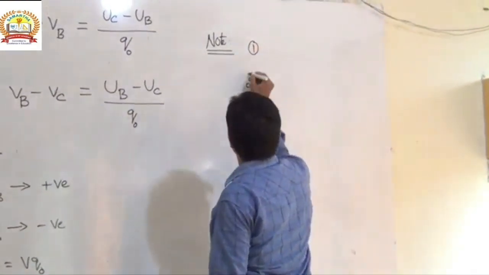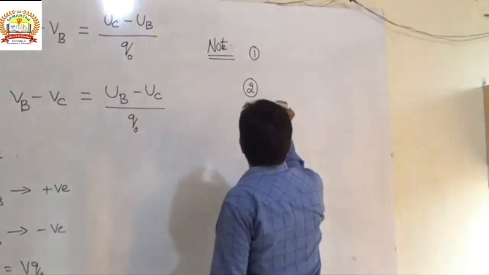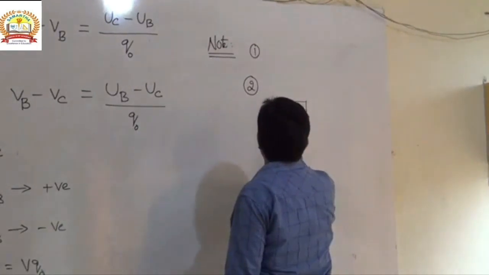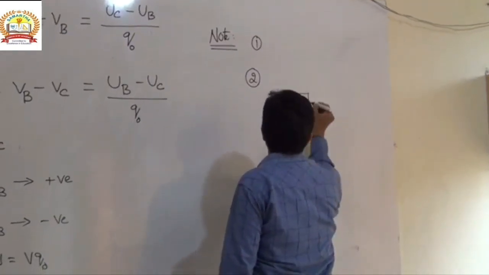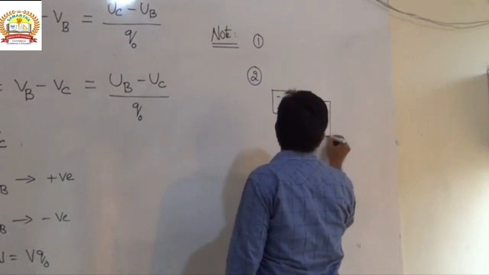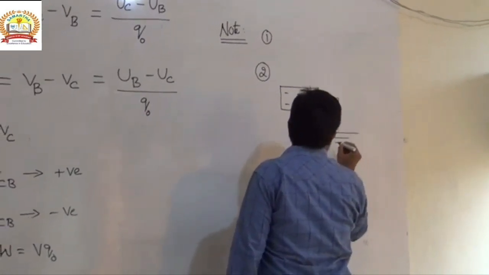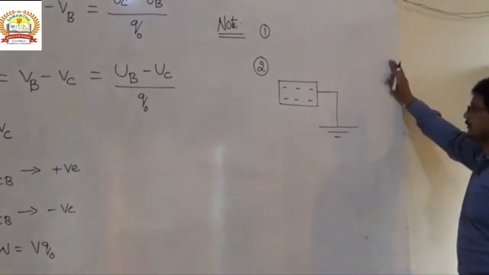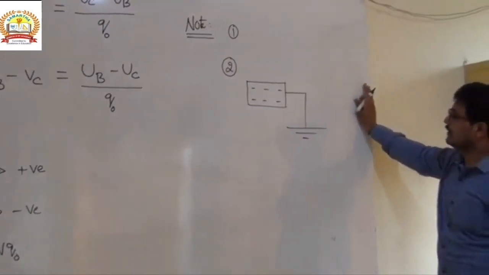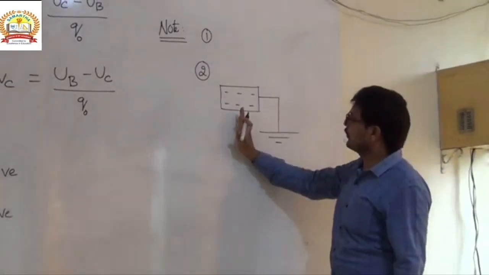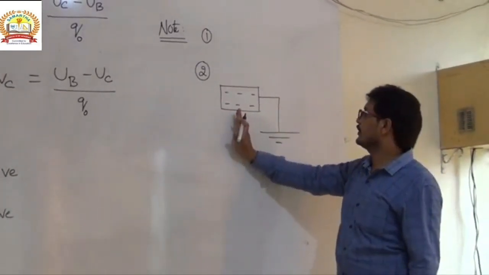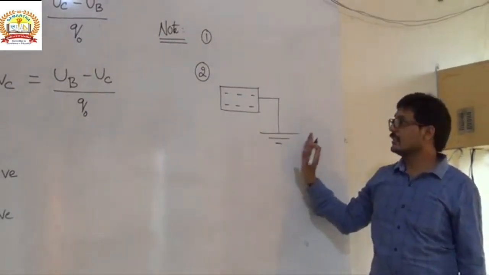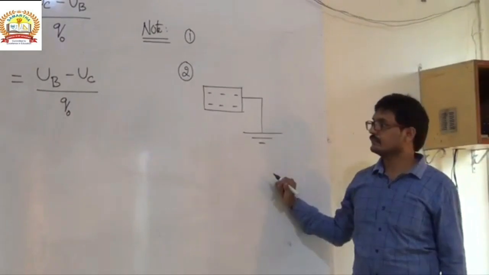The second point is that if you take a negatively charged body and this body is grounded, or earthed, then what happens? The electrons flow from the body to the earth till the potential of the body is the same as the potential of the earth.